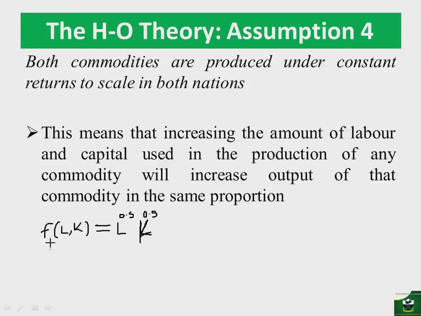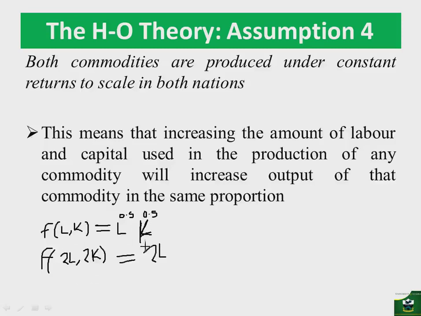If we scale up each of these inputs, let's say we double the inputs, so we scale up each input by 2, we have 2L and 2K. This means that where we had L, we raised L to the power 0.5, and where we had K, we raised K to the power 0.5.